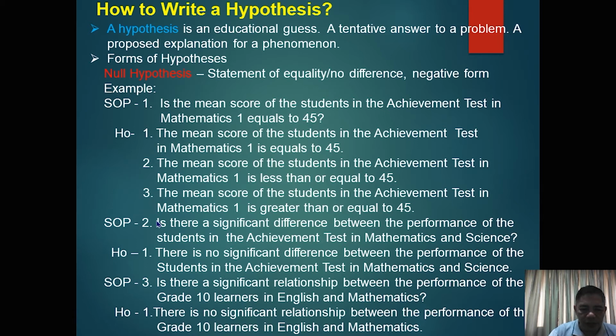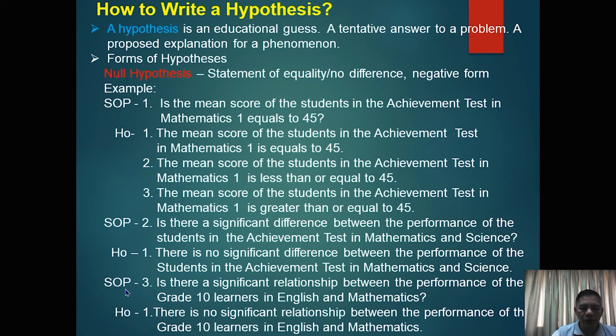The "is" in the statement of the problem was deleted, then it's transferred and written after "there." Then "a" was replaced by "no." And the question mark in the statement of the problem was replaced by a period.